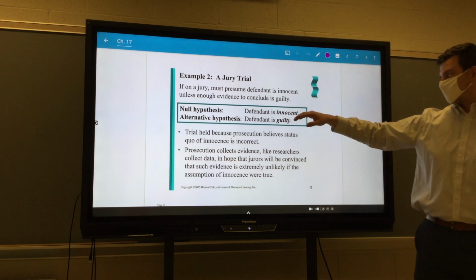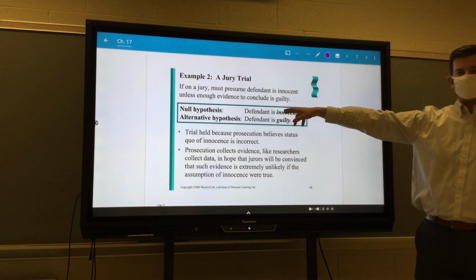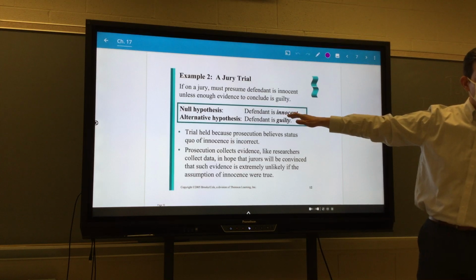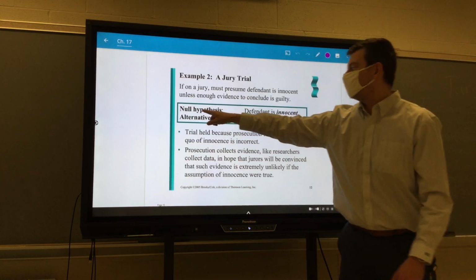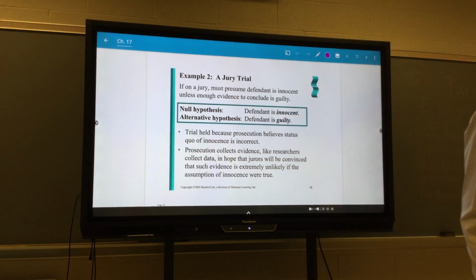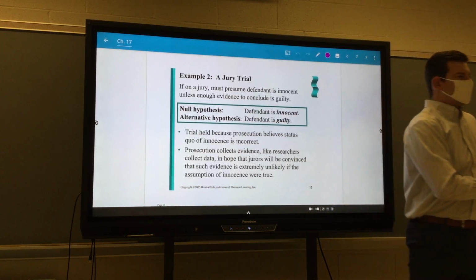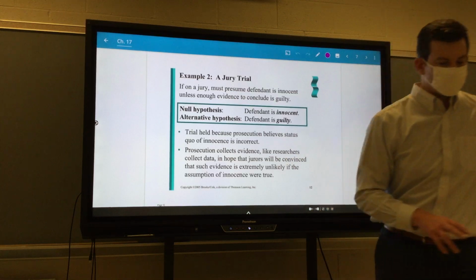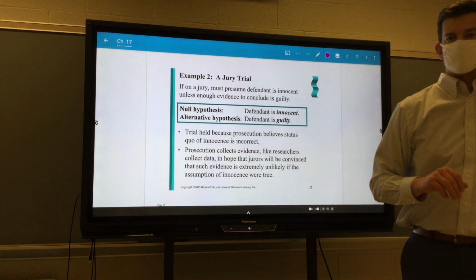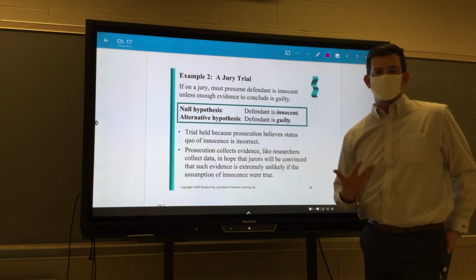So they come back and say, we find the defendant not guilty. We cannot reject that null hypothesis of innocence. We're going to use that metaphor moving forward for the next couple weeks, because that really helps it sink in.